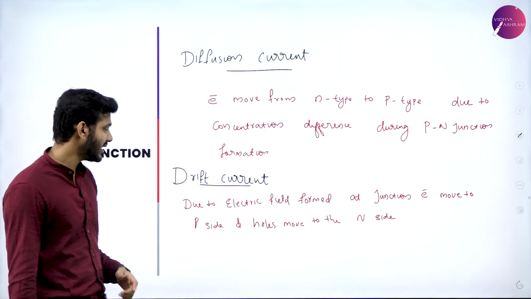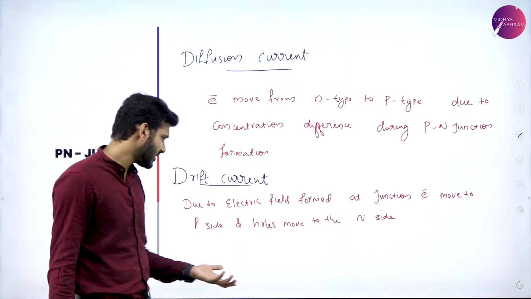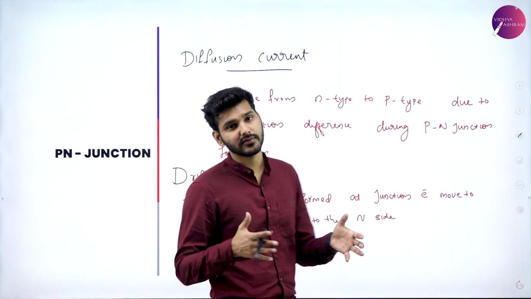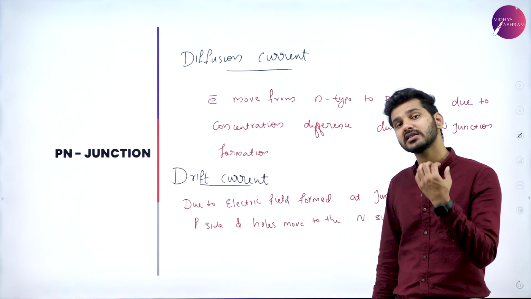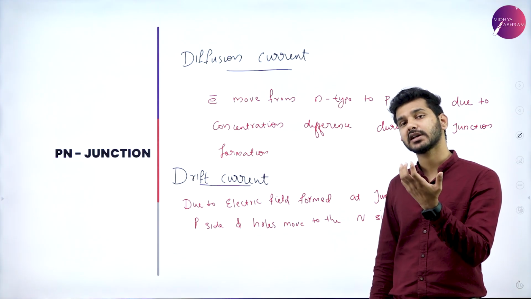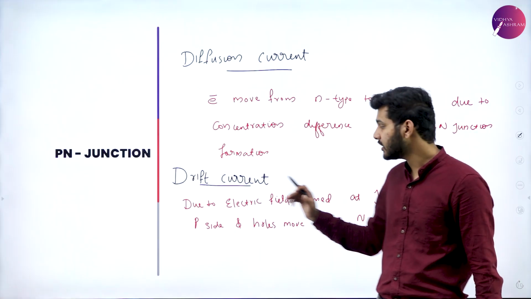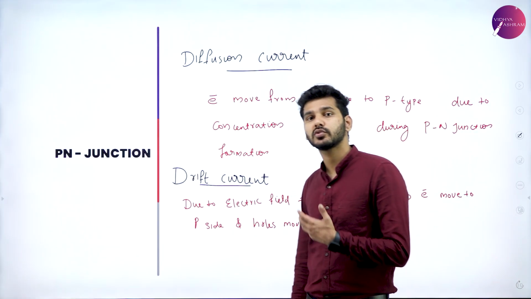And similarly, drift current is the current produced when stray ions, or simply the electric field that is formed at the ends of the depletion region, will accelerate any charges that are entering or trapped inside the depletion region. For example, the electrons from the n side move to the p side, and holes from the p side move to the n side.